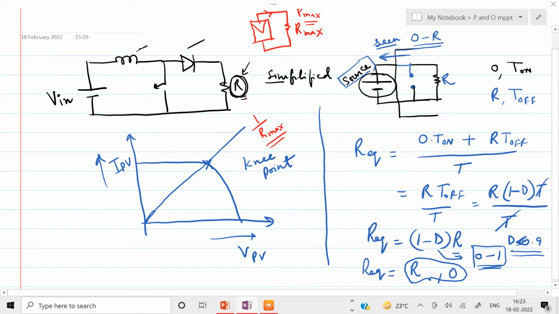So now our load is fixed and it may not be equal to R max. Moreover, the panel characteristic is changing. This is also a problem.